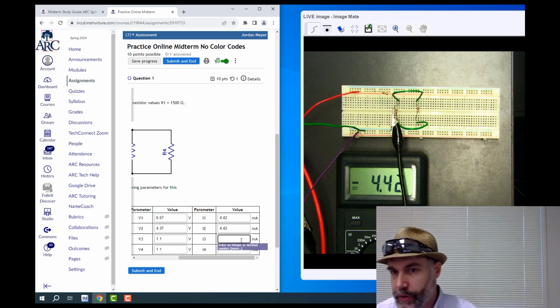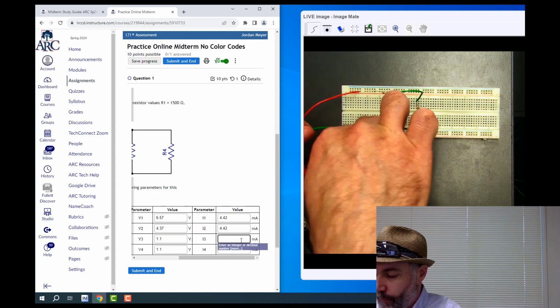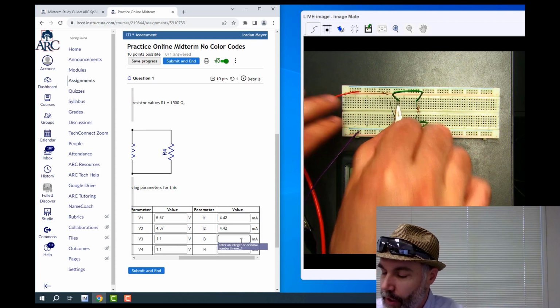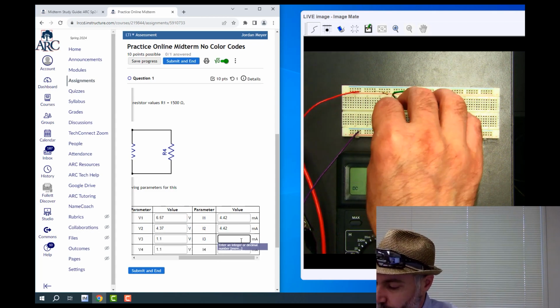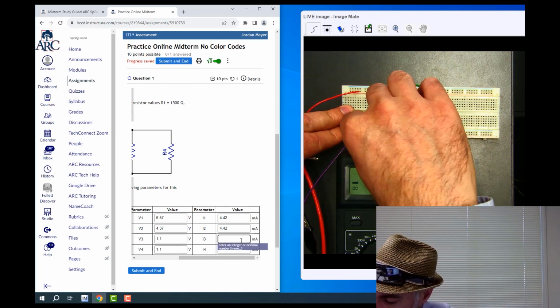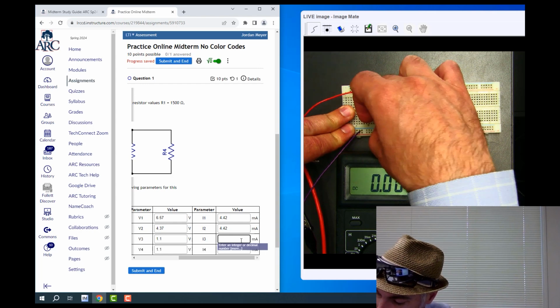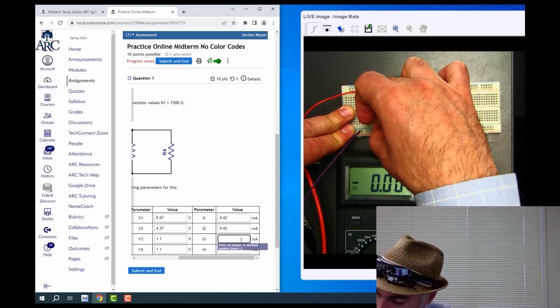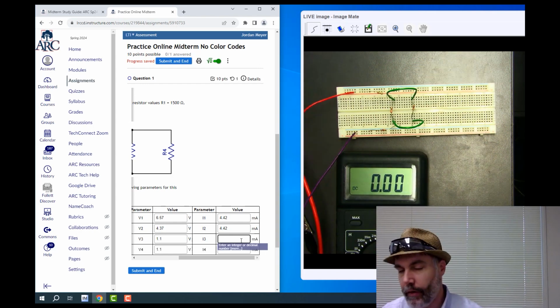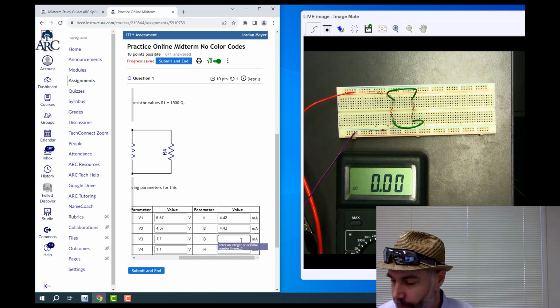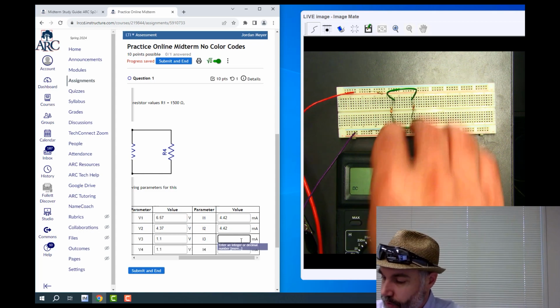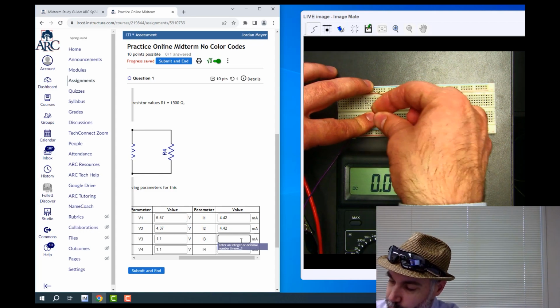Okay? So, and then when I'm done, I just reverse that process. I pull out the wire, I disconnect my meter, and I put that leg of the resistor back into the circuit so that everything is back the way we started. And I do that before I go on so I don't get confused and I don't leave anything hanging out where it's not supposed to be. So then I'll just do that for the last two resistors.